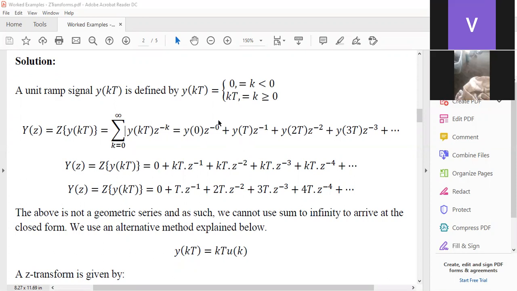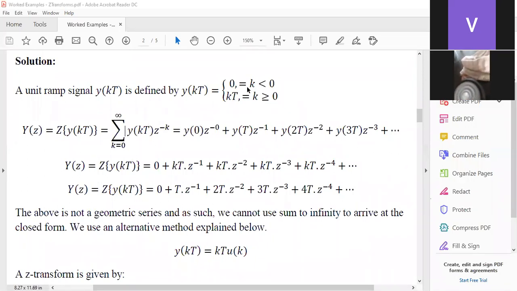So that's the definition of the Z transform. Remember, what we just did here is to replace y of k of t with y0; when k is 1 it is yt, when k is 2 it is 2t, when k is 3 it is 3t, because this is the definition of the ramp.